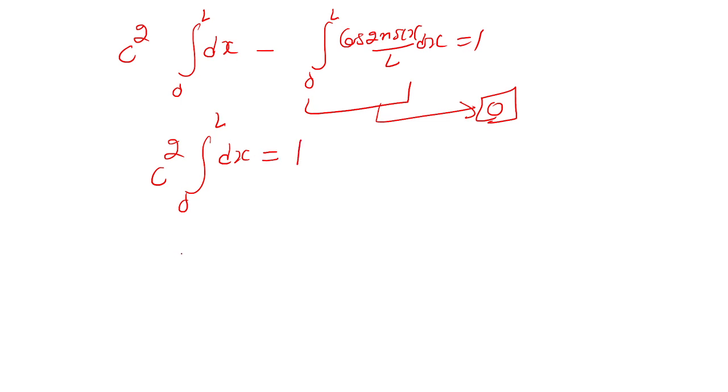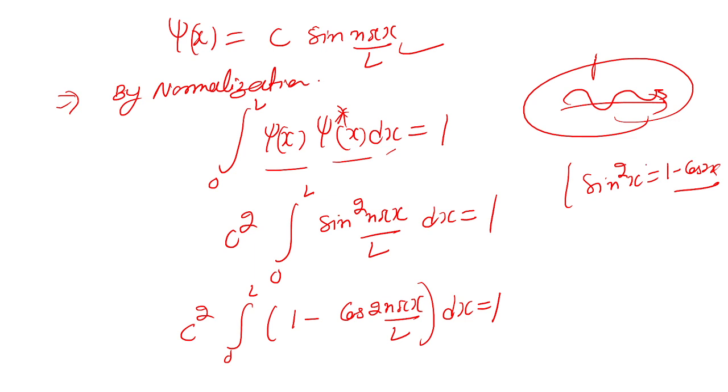Now doing this further, we get c square as it is, and inside what you get. One thing you may have noticed is what is missing here: there should be a 1 over 2, because we missed one thing.